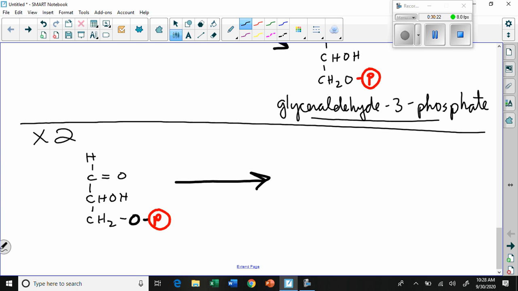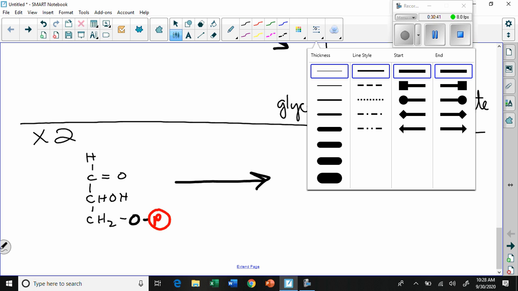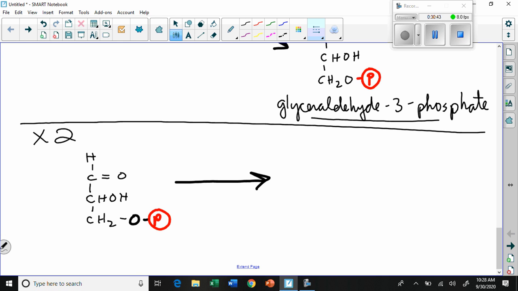What we're going to do now is add another phosphate, but we're going to do this one in a slightly different way. There's another energy-carrying molecule that we're going to use. So let me just draw the product in first. We're going to take another phosphate and stick it on the top.